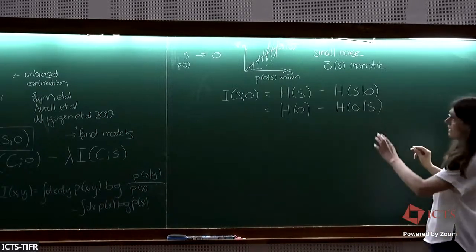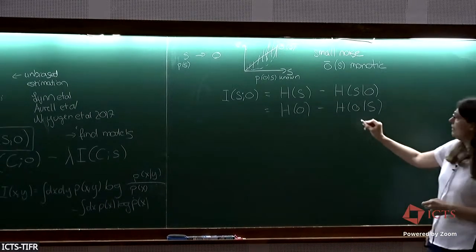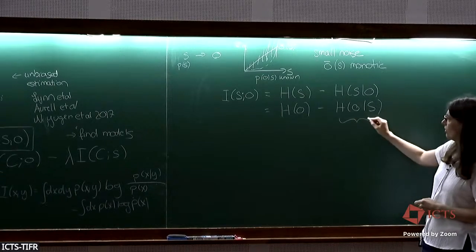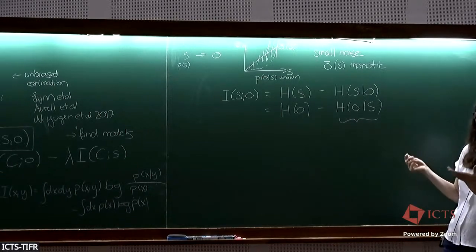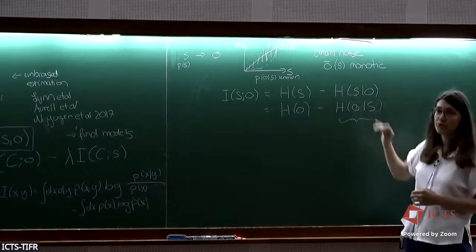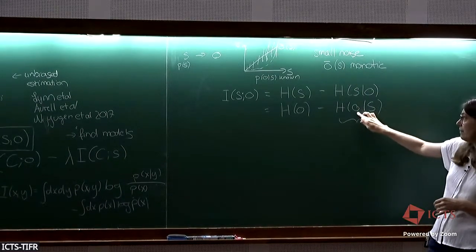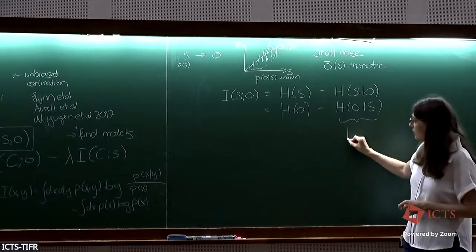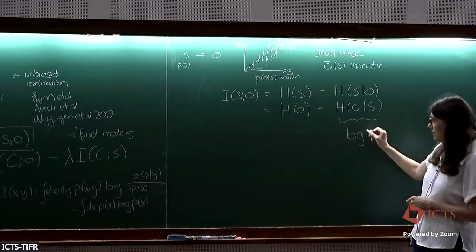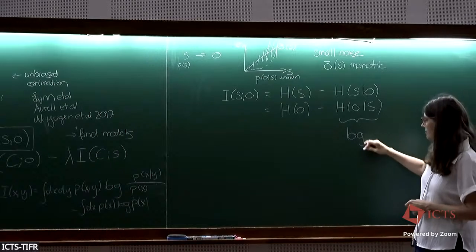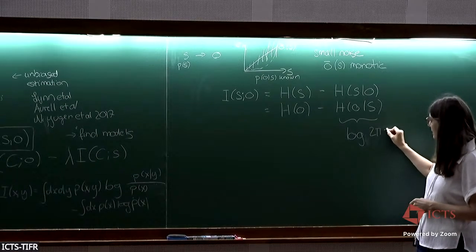So what you can now say is, well, okay, I know H of O given S because I assumed that I'm in the small noise limit. So I can assume that this map between O and S is Gaussian. And for Gaussian variables, you can calculate the information. Let me not worry about these twos.